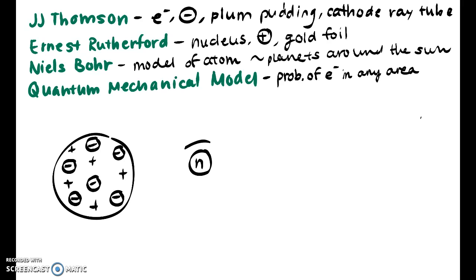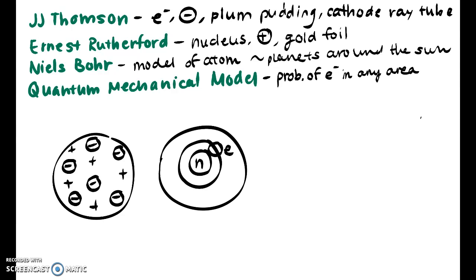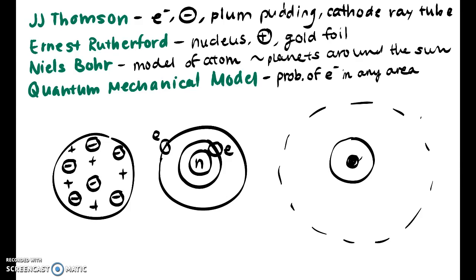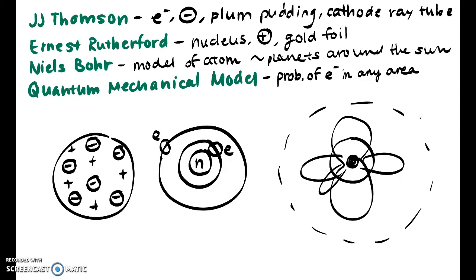We know that it's positively charged. And we have orbits with electrons. Here I just drew two orbits, but you get the idea. And these are similar to planets around the sun. For the quantum mechanical model, we have our nucleus here, and we have our main principal energy level perhaps, and different sublevels, and so on.